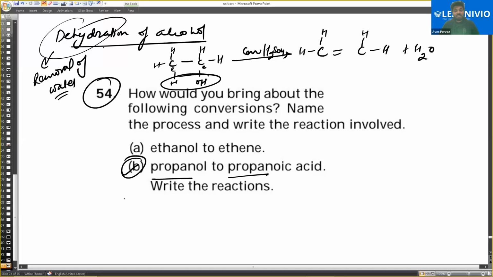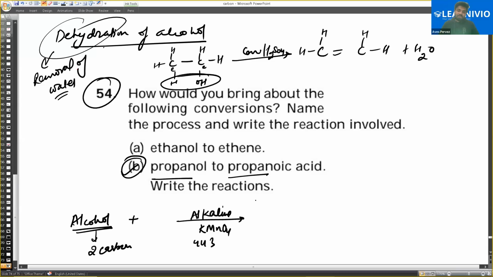Any alcohol, whether it is a two-carbon alcohol or a five-carbon alcohol, if you are treating it with alkaline KMnO4 at 443 Kelvin temperature, then it will get converted into carboxylic acid with the same number of carbons.